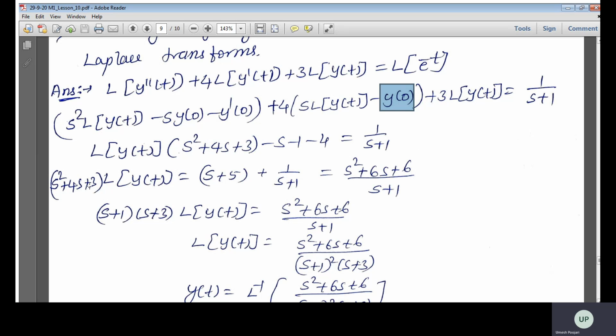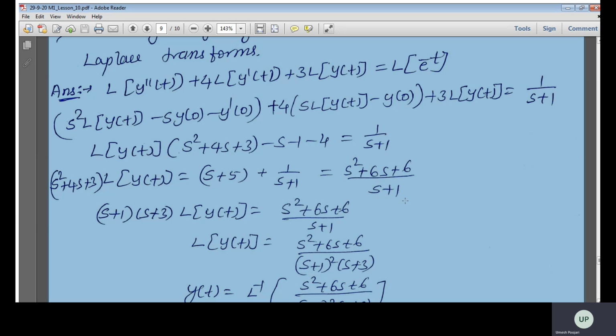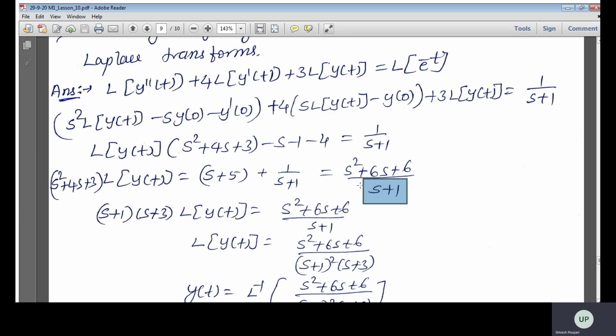So (s² + 4s + 3) into L of y of t, with minus s minus 5 there. We shall take these terms to the right hand side. So we get s plus 5 plus 1 by (s + 1). If you simplify this by taking (s + 1) as LCM, we get (s² + 6s + 6) divided by (s + 1).